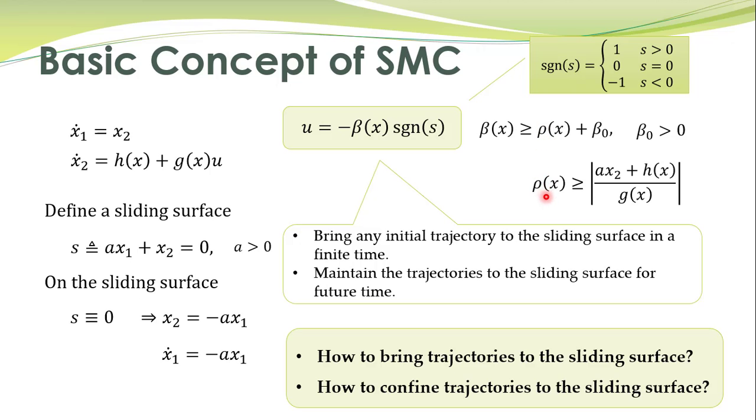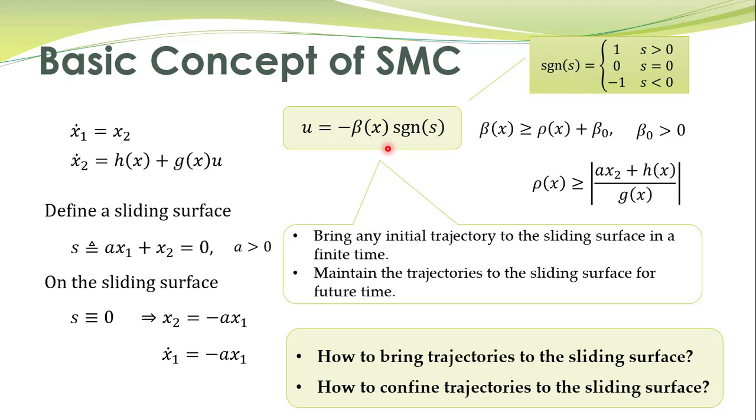Rho of x is an upper bound on this expression, that is rho of x is greater than or equal to absolute value of this expression. G of x is this term which is being multiplied with u, and this h of x is this nonlinear function.